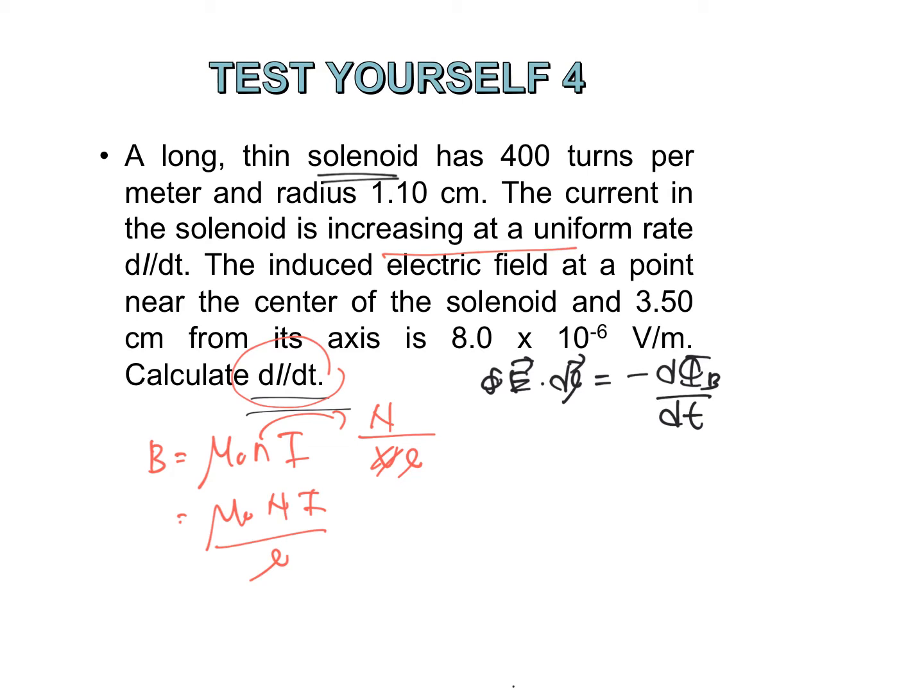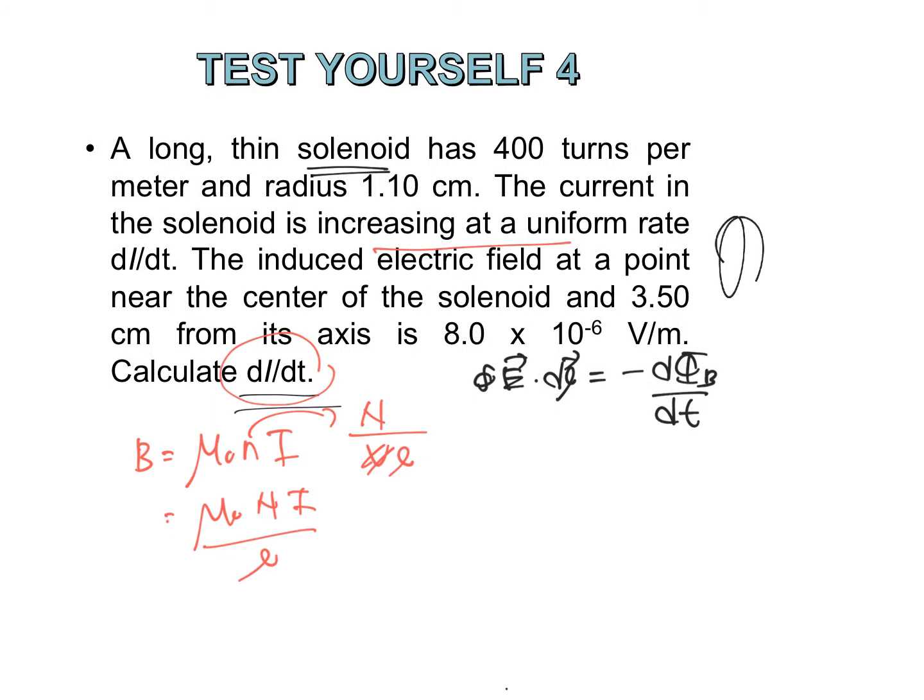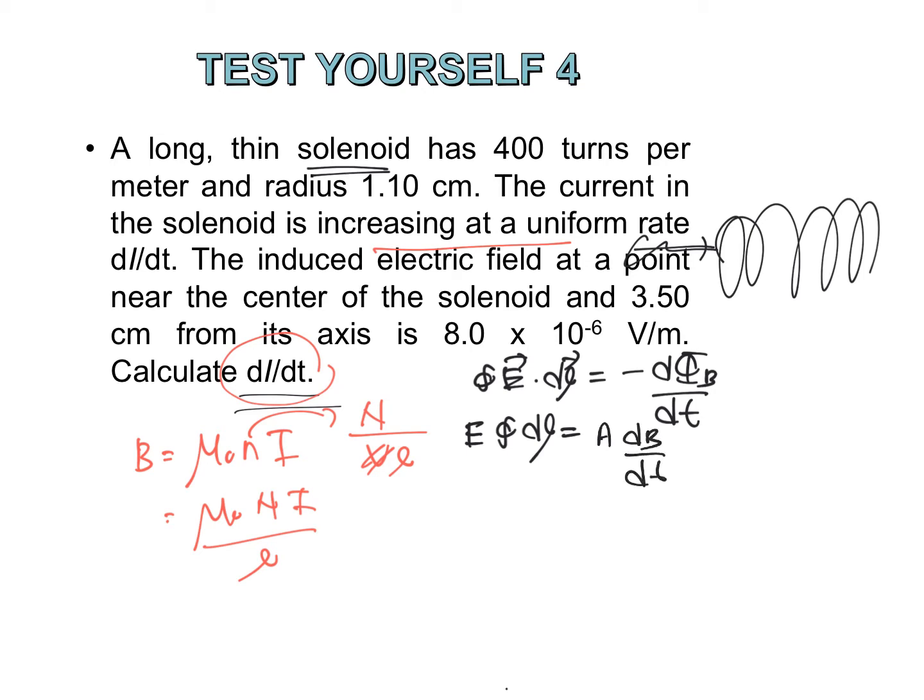So E going to be the closed loop of dl equals to the area, which is going to be the same because the solenoid is constant in terms of its shape, times dB over dt.